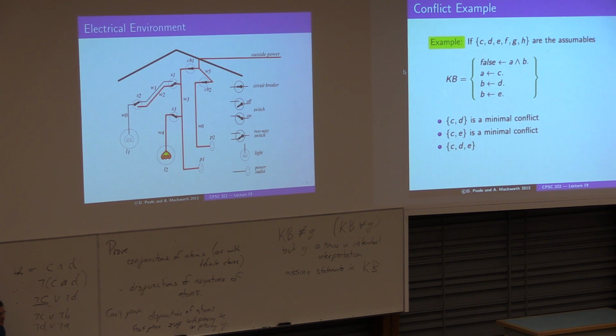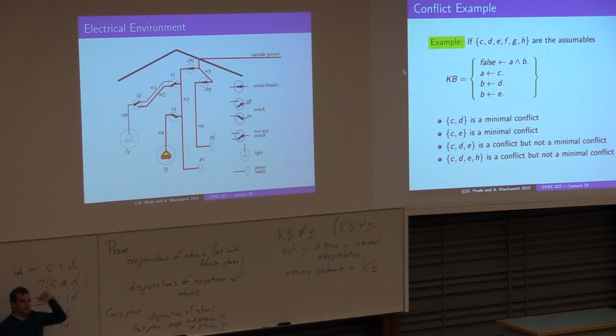Do I get a contradiction? Right, so this is a conflict, but not a minimal conflict. If I throw in some arbitrary thing, I can get conflicts that are not minimal conflicts. A conflict is just a set of assumables that together imply false. I'm going to use those in order to have proof by contradiction. All right, let's stop there. Thanks.